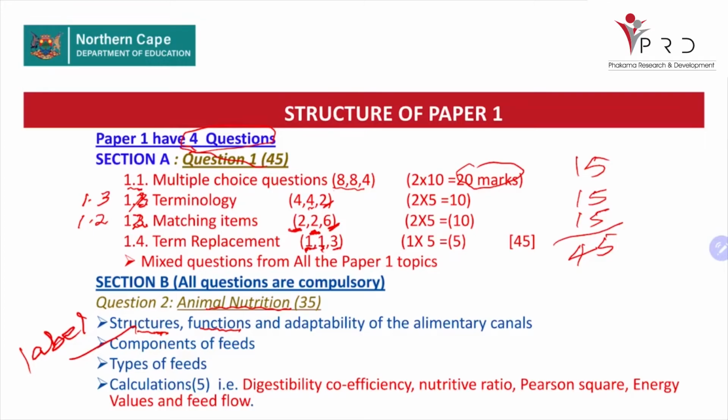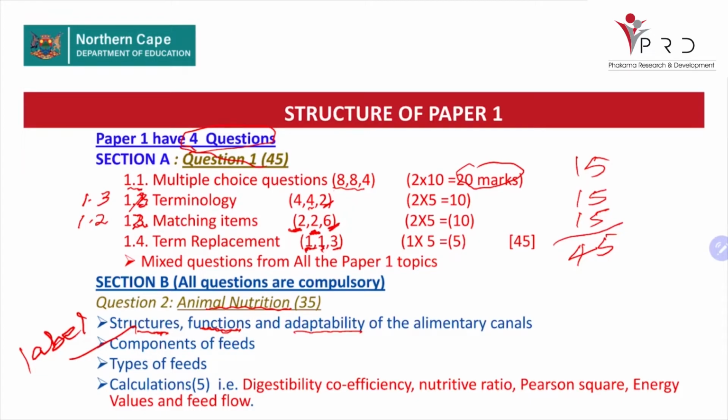If you say in the alimentary canal there are teeth in the mouth, so what do the teeth do? Then we also have to look at the adaptability, how that organ is adapted to do its function. How is it able to do its function? If, for example, we talk of a gizzard, how is it able to grind food?